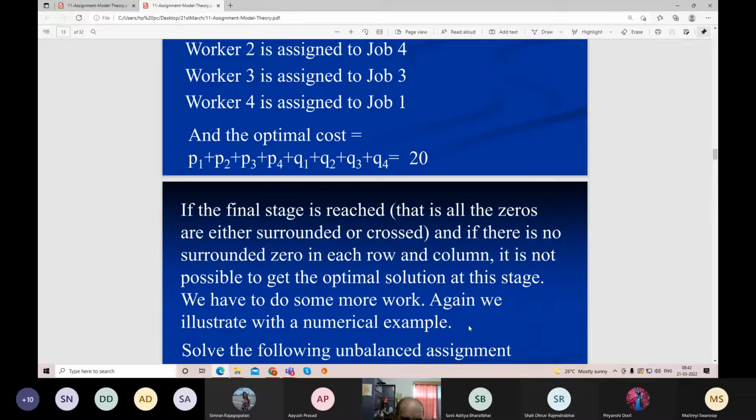The next problem says, if in the final stage, all the 0 are either surrounded or crossed, and there is no surrounded 0 in each row and each column, it is not possible to get an optimal solution at this stage. We have to do some more work. We'll consider another numerical example and discuss about this problem.